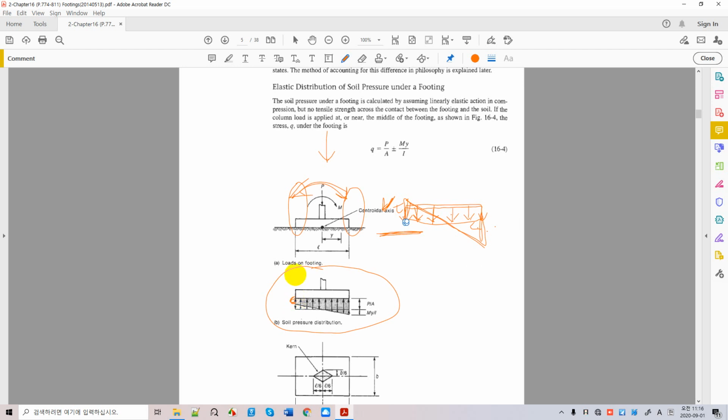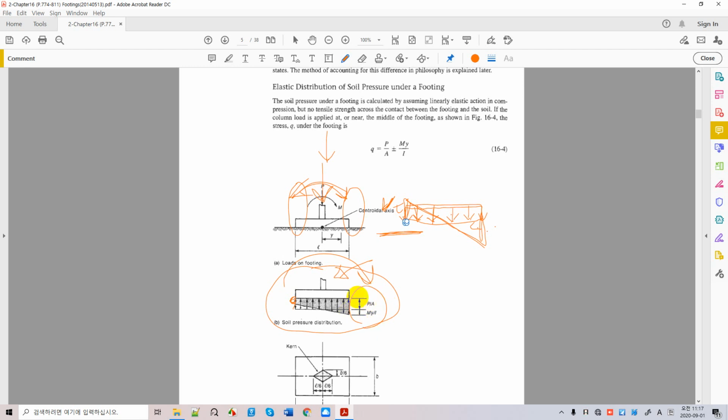If the compression block overcomes the tension from the overturning over there, it means that we do not have overturning. So the vertical stress due to vertical load is greater than the tension stress due to the overturning force.